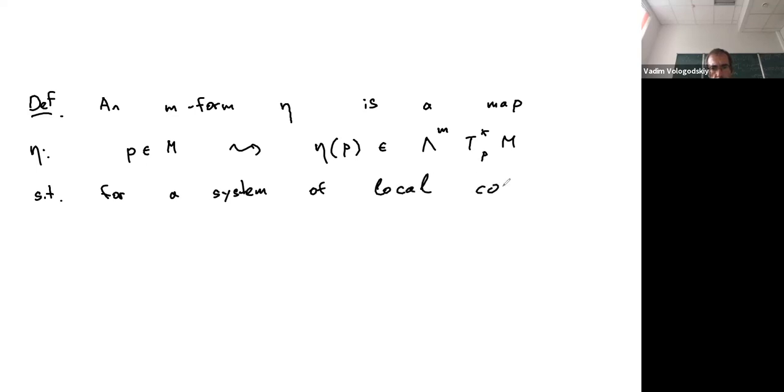Definition: an m-form eta is a map that assigns to every point p a vector eta of p in the m-th exterior power of the cotangent space, such that for a local chart, for a system of local coordinates as above, eta can be written as follows.